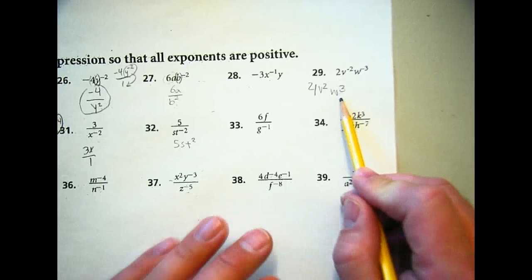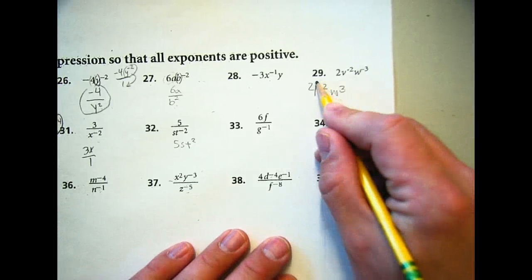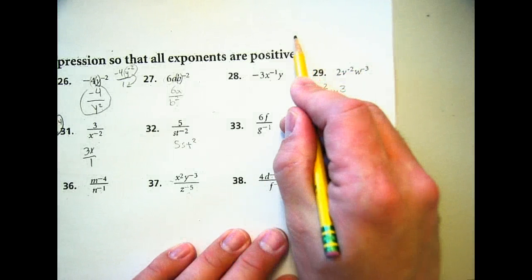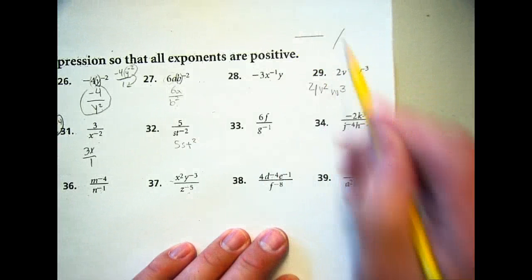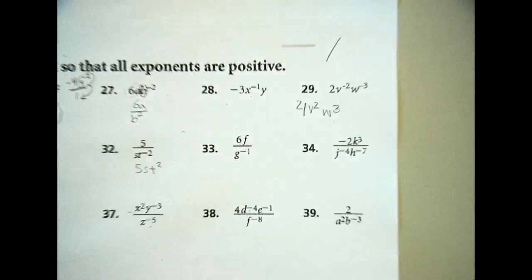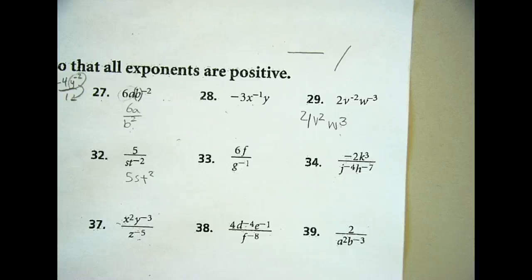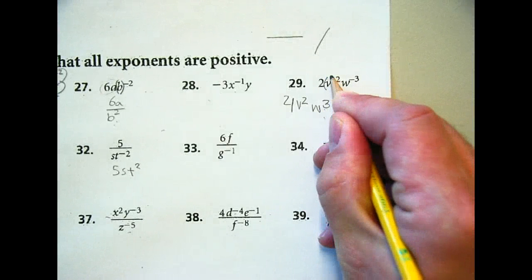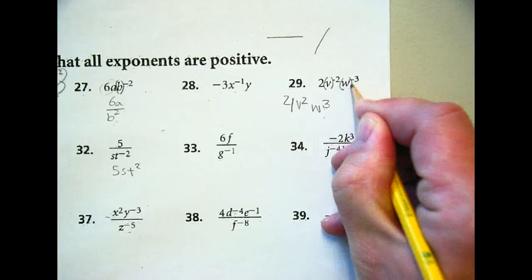You guys working on that one? Okay. Number 29. Is this a fraction bar? Yeah. Okay, let's get in the habit of doing fraction bars like this, no more slanted ones, even though they look cool, aerodynamic. On this one we have v to the negative second and w to the negative third.